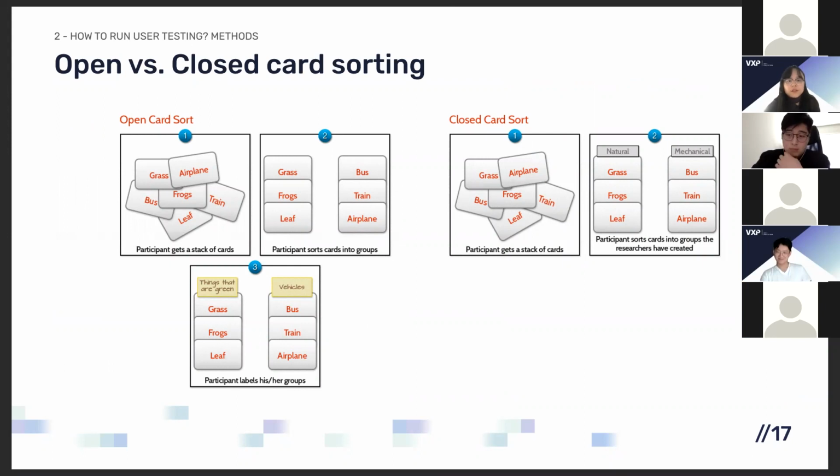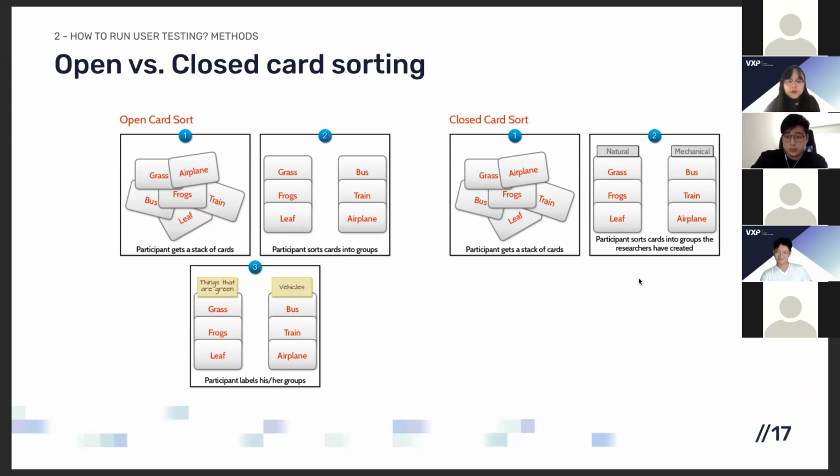The main difference is that in the open card sorting, which is on the left, the stack of cards are pre-filled with topics and the participants need to create labels for the groups that they choose. Whereas in the closed card sorting on the right, the researchers create the labels for the categories and ask participants to sort the cards into predefined categories.